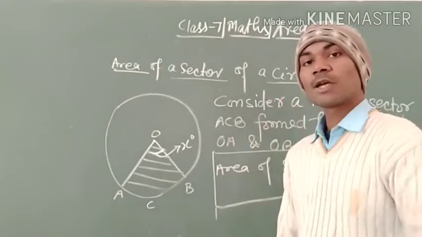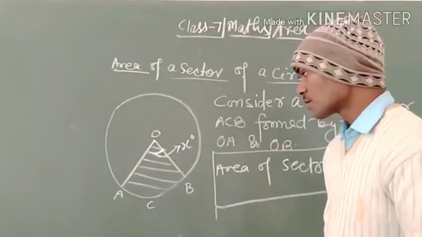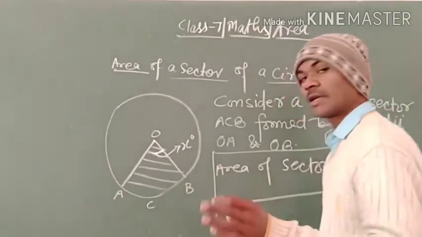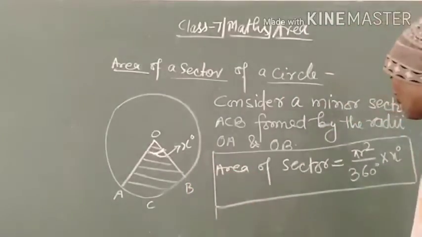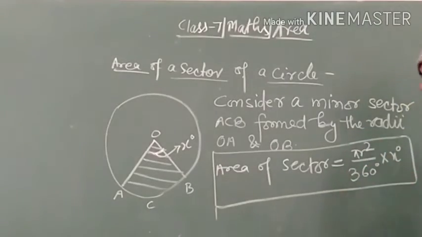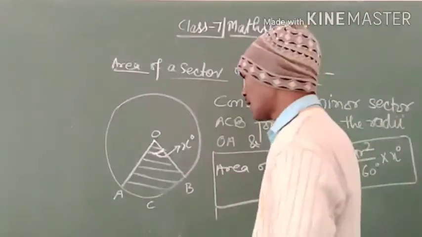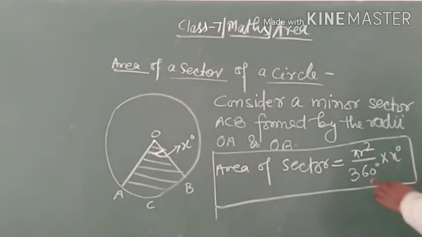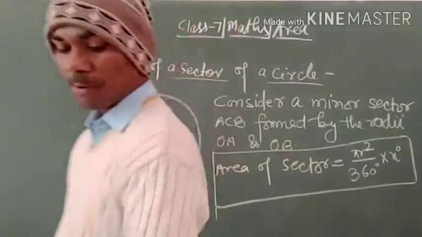Similarly, if the angle is x degree, then its area will be x upon 360 times the whole area, and hence we can write the area as pi r square upon 360 into x. I hope that it is clear to everyone.